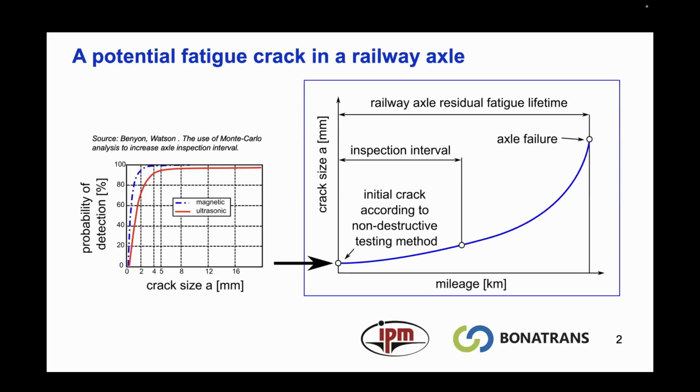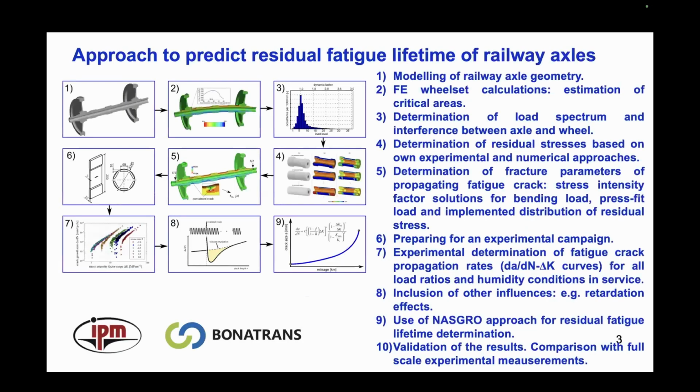We usually assume that this initial size is about 2 millimeters. During the years, we have developed a quite sophisticated procedure for how to estimate the lifetime of a railway axle. I will go briefly through this procedure.